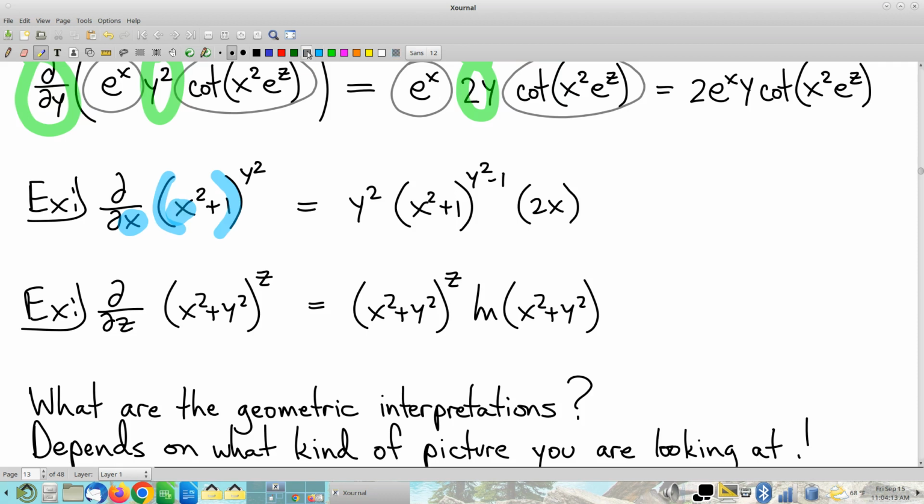Y, being as it is not x, is a constant. And so my whole exponent here is all constant. And so this is actually just a power rule question. This is not a function to the power of a function. This is a function to the power of a constant. And y'all remember how to do the power rule, right? The chain rule combined with the power rule anyway. Easy to do, I hope.